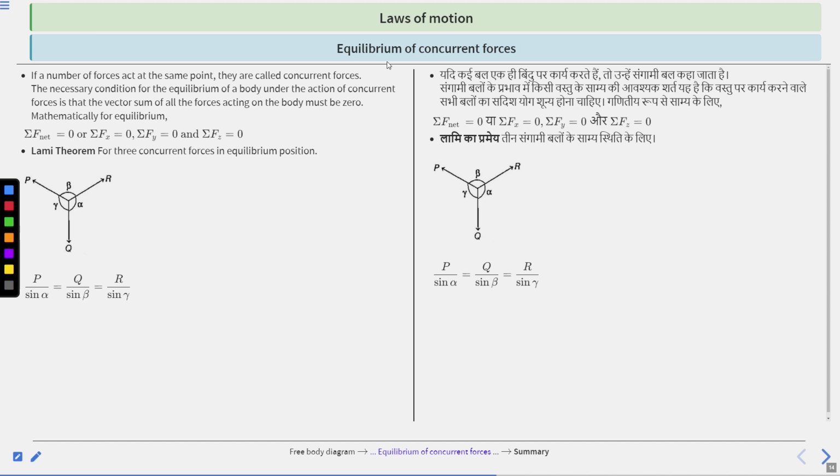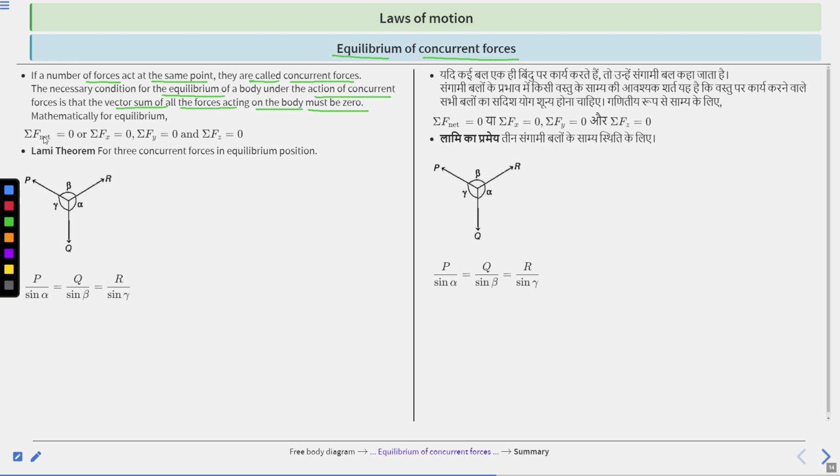Next is equilibrium of concurrent forces. If a number of forces act on the same point, they are called concurrent forces. The necessary condition for equilibrium of a body under the action of concurrent forces is that the vector sum of all the forces acting on the body must be 0.